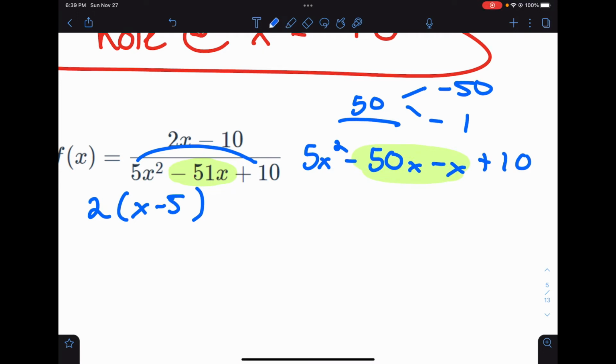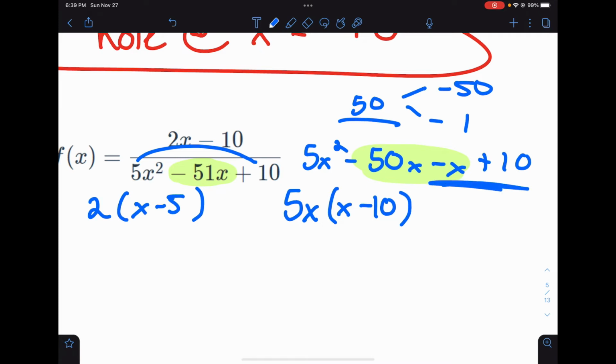Again, remember you're just rewriting this minus 51x split into those two terms that we just found. Then we got to go ahead and pull out a GCF. So if we look at this 5x squared minus 50x, we're going to want to pull out a 5x there. And we end up with x minus 10. And then we look here, we're like, oh, we're so darn close. The signs are just messed up. So how about let's pull out a negative 1. So we end up with x minus 10. All right.